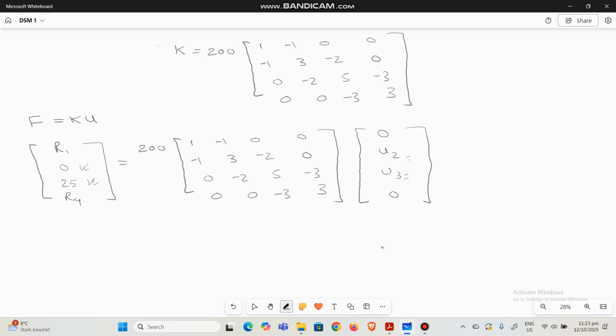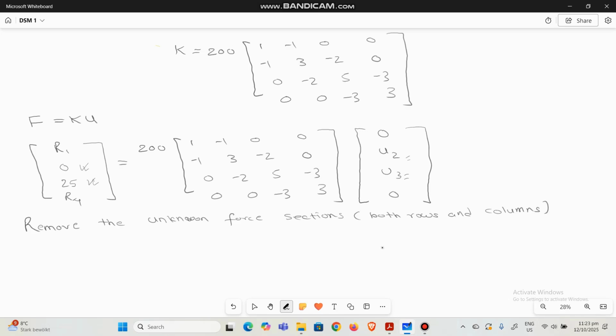The basic idea is now you just remove the unknown force sections, meaning both rows and columns. Here, what does it mean?